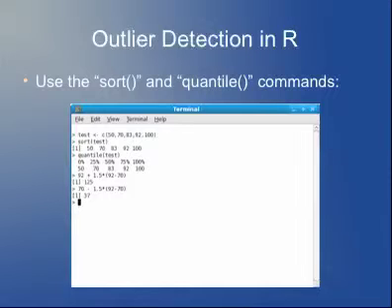Instead of writing these numbers out manually, you could then say test.q[3], the third element of this vector, which would in this case be 83, plus 1.5 times test.q[4] minus test.q[2], like that.